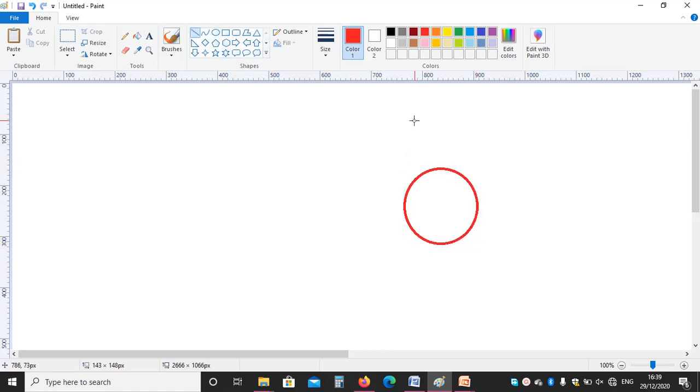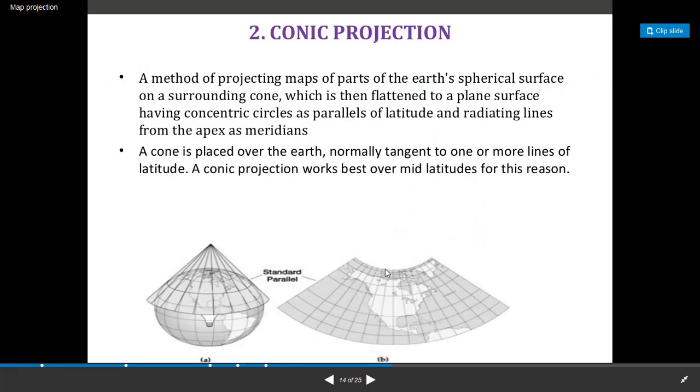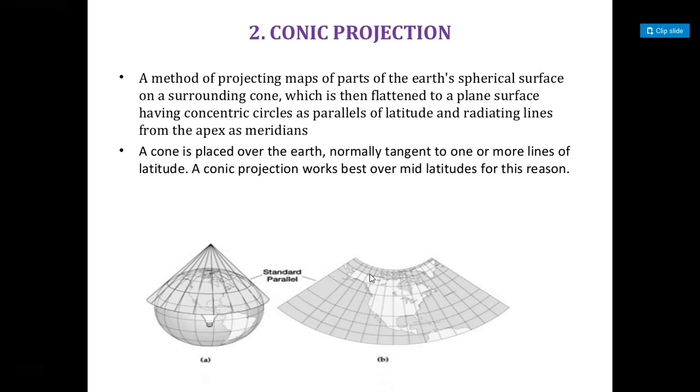Then you can see here the sides are exactly touched, one end tangent on the surface of the earth. It's exactly touched on the circle at one end. Then after you open this paper, it appears like this. When you open the piece of paper, this kind of projection is called conic projection.